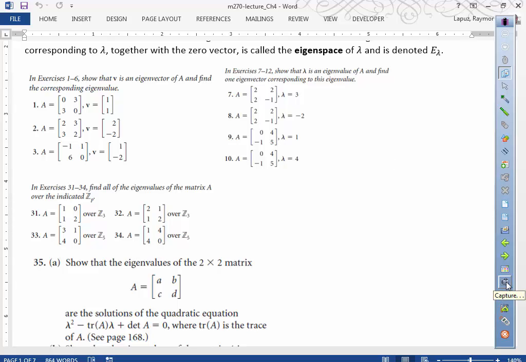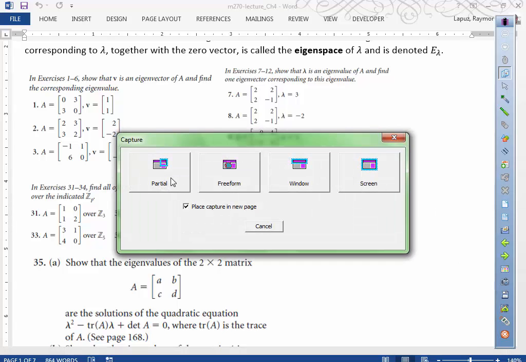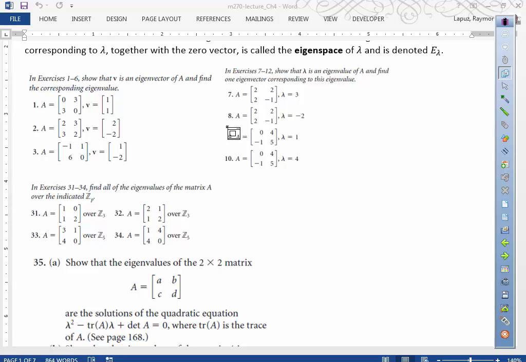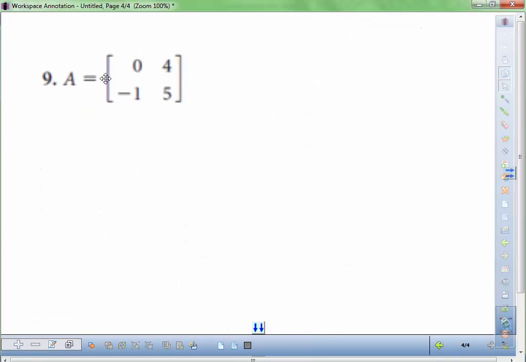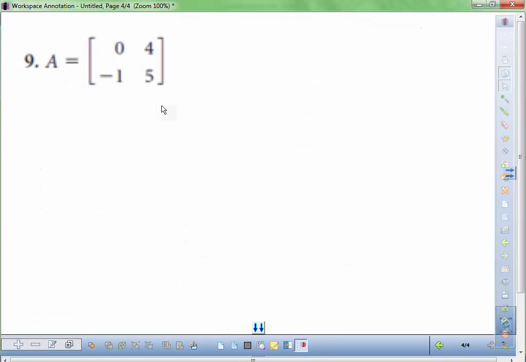Before we do that, let's actually find some more eigenvalues and eigenvectors. This time, let's take a look at a matrix without knowing any eigenvalues or eigenvectors and see if we can find all the eigenvalues that are associated with this.